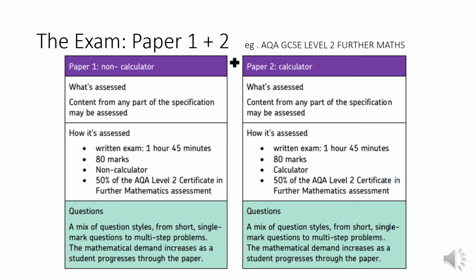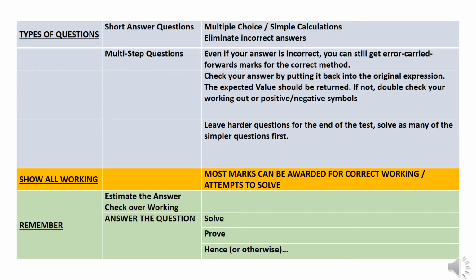Both exams have similar question styles, which involve short single-mark questions and multi-step problems. As with most papers, the further you go through the paper, the more difficult the questions become.